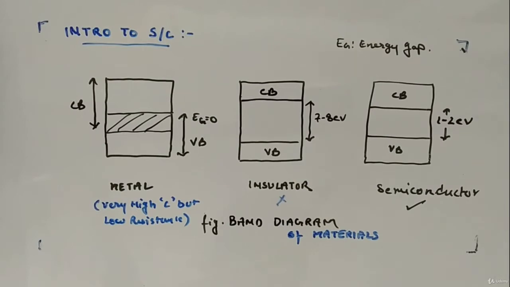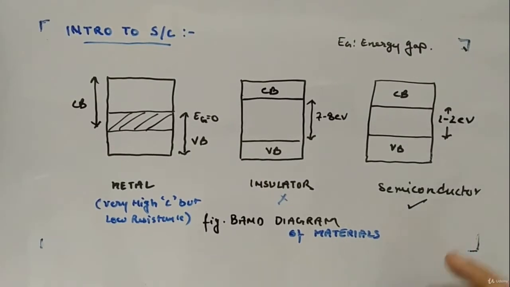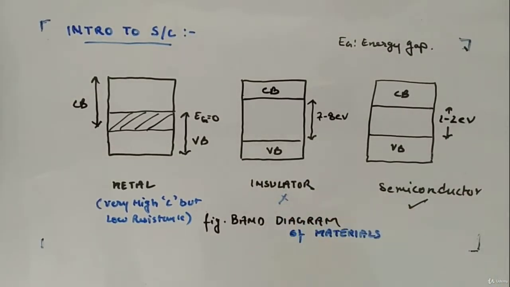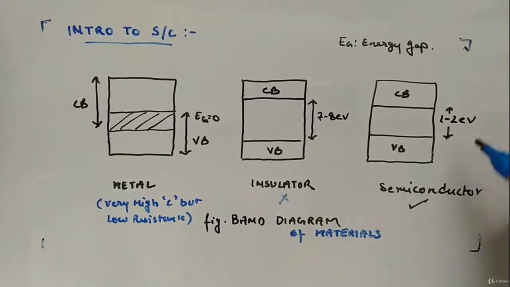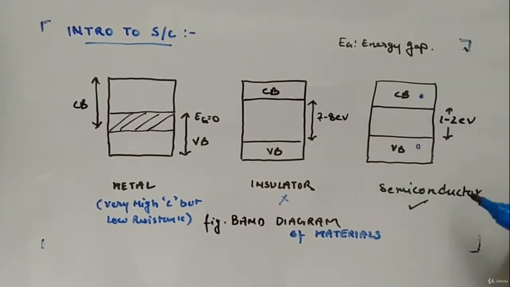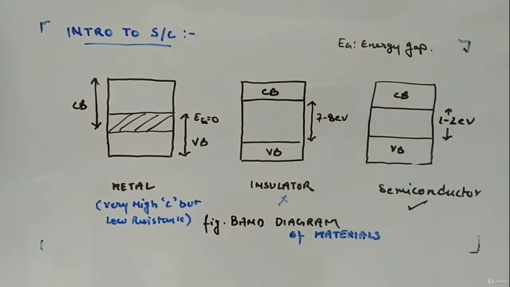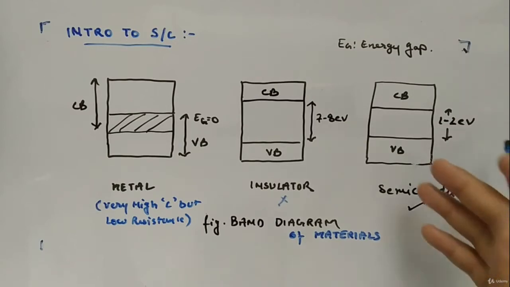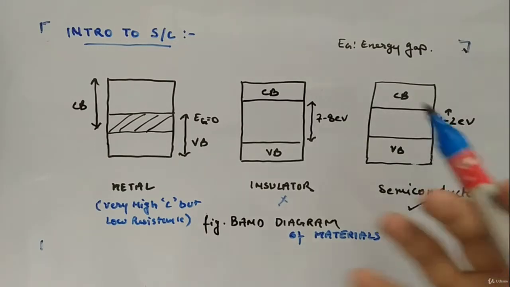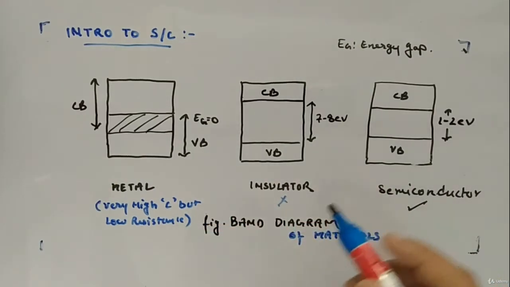Now the same thing you can achieve here in a semiconductor with 1 to 2 electron volts, which is an allowable energy difference. You apply this energy and you get free electrons and holes. Previously it was neutral, the electrons and holes were there but stuck to the atom.